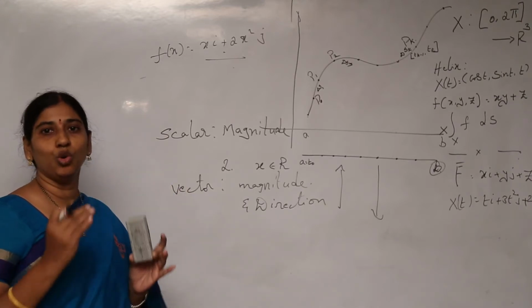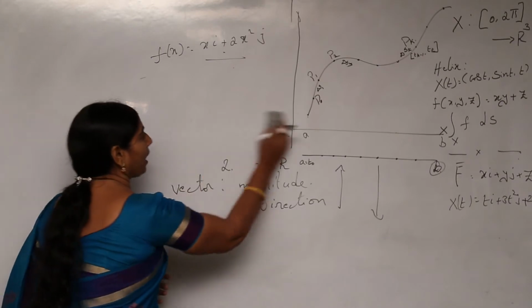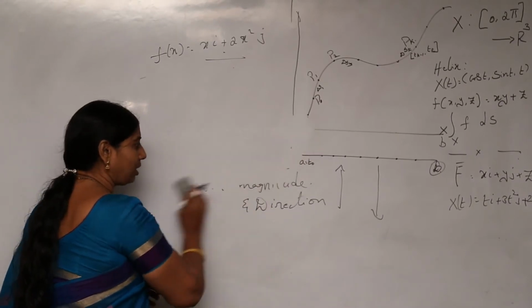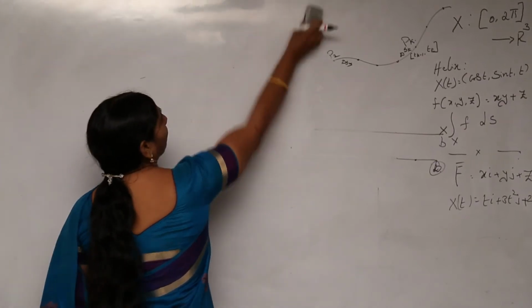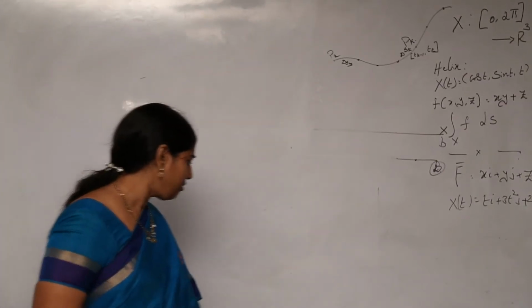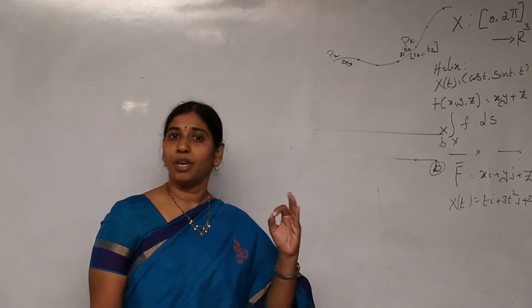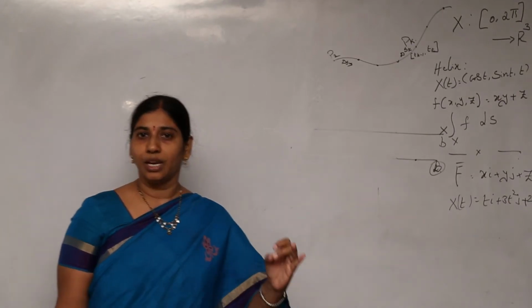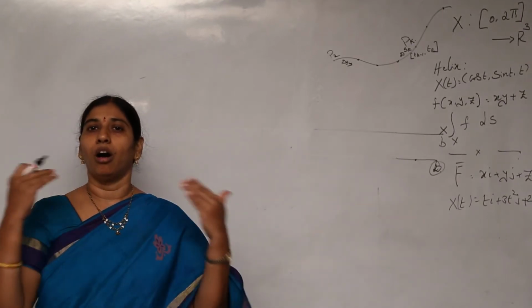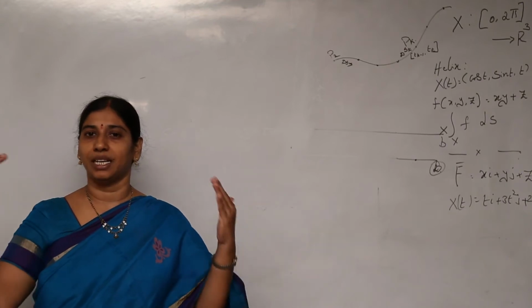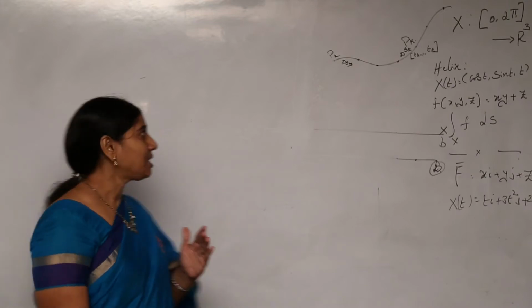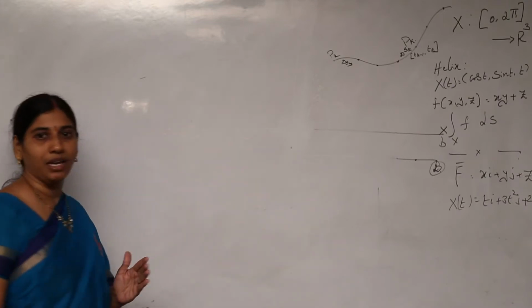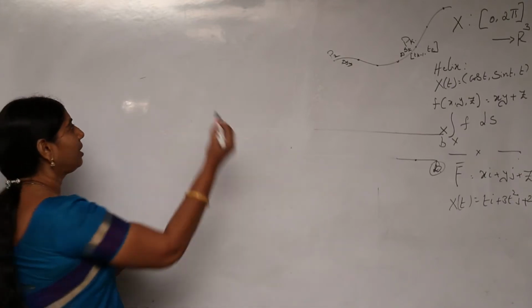Next, let us move on to what we mean by a scalar function and a vector function. When we discuss functions, they may be of a single variable, 2 variables, 3 variables, or more than 3 variables, that is n number of variables. First let us see what we mean by a scalar function.